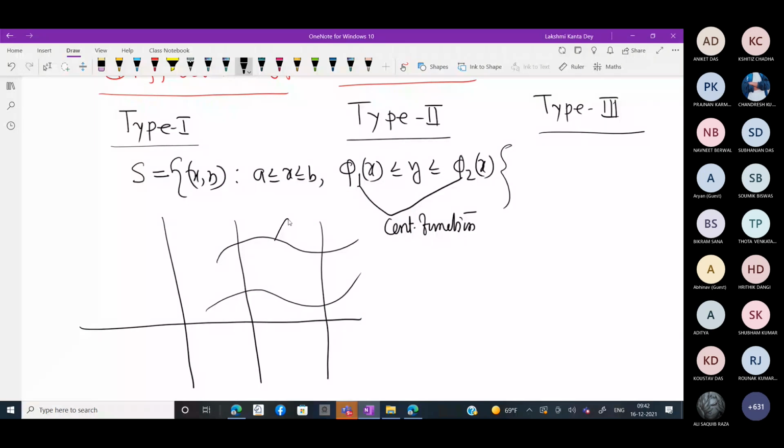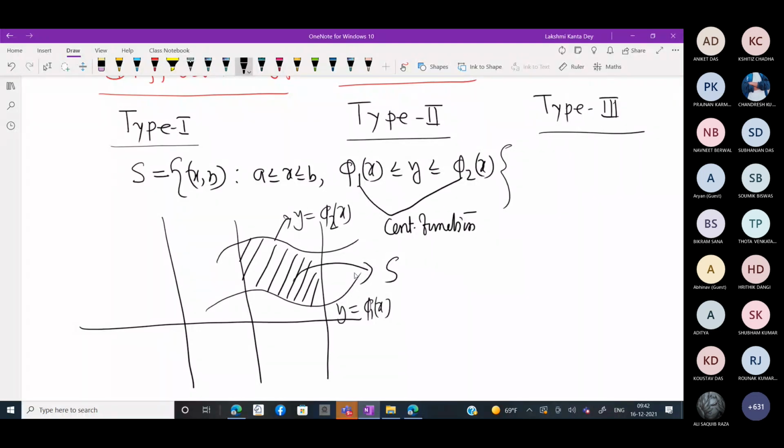This is y equal to phi1(x), this graph, and y equal to phi2(x). So these two are continuous functions. That is the only restriction here. So this region is basically S.